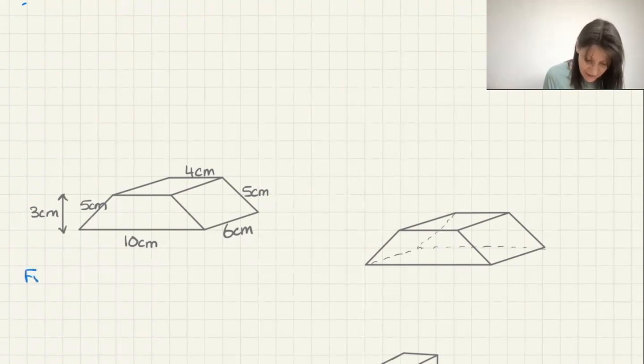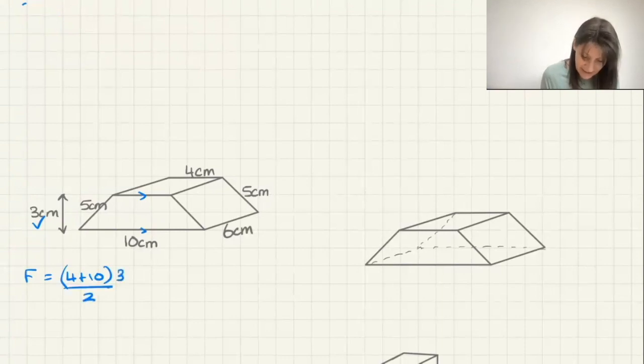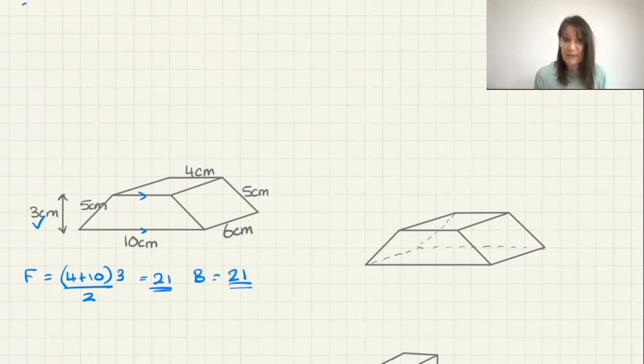So the front is going to be the parallel sides, so this plus this, 4 plus 10, times by the height, which is given over here, and then divide that by 2. That is going to give me 21, which means the back is 21. So I've got my front and my back.